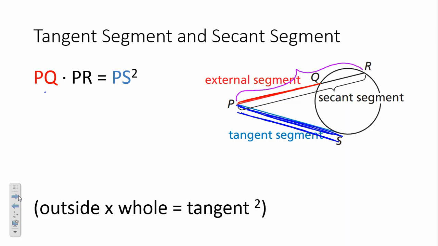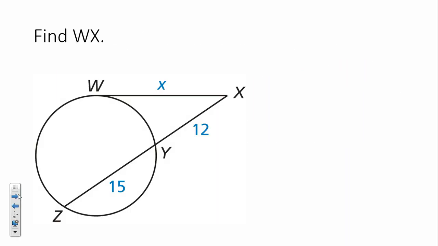Okay, here we go. We want to find the distance between W and X. Okay, the outside times the whole. How much is the whole portion of this? You just add it. Yep, 27.